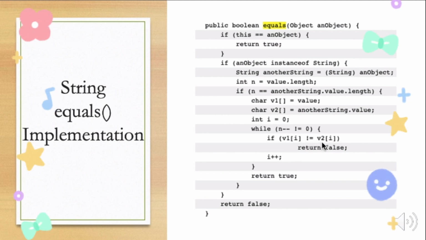If they are not equal, then it returns false. Otherwise, it continues the comparison until the end. After we finish comparing all characters within these two values and we are still here, it means the values are the same, so we return true. If the given object is not a string, we return false.